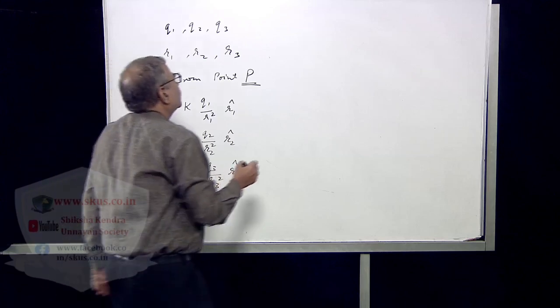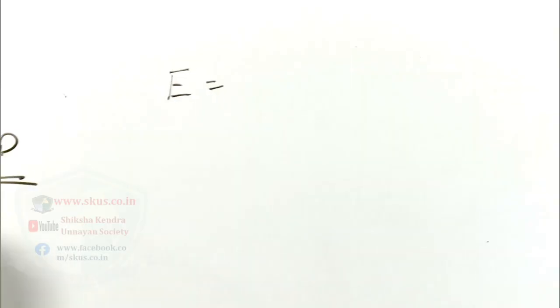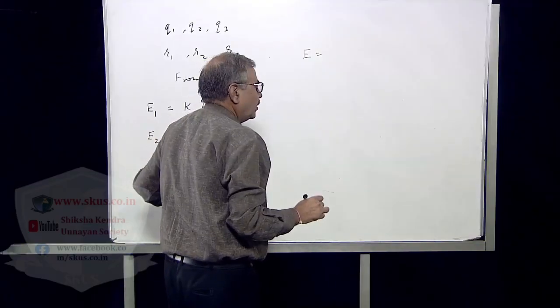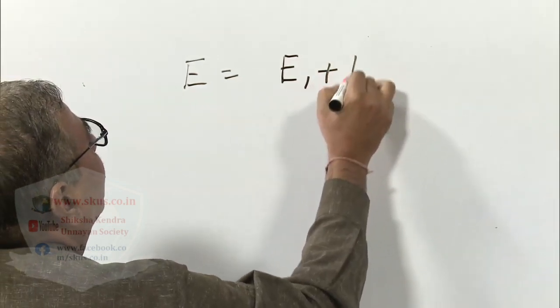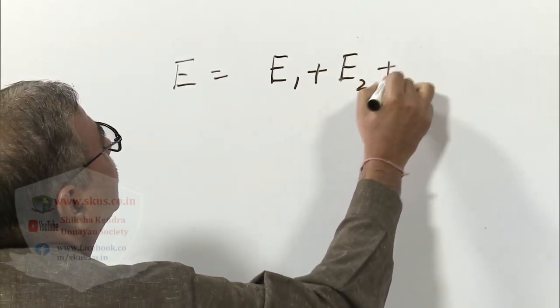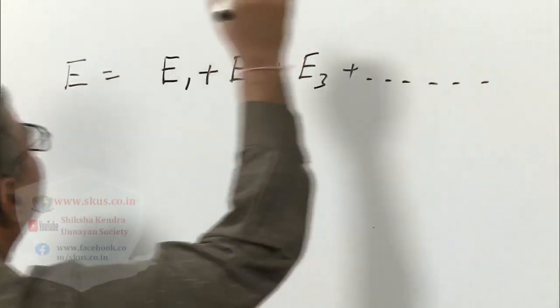Now, the total electric field E will be equal to the vector sum of all these fields E1, E2, E3 and so on. E equals E1 plus E2 plus E3 plus so on.